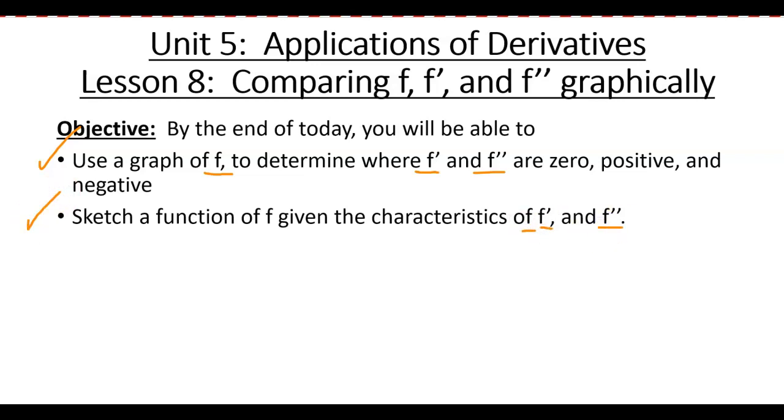And from that, you should be able to turn that into a graph of the original function. So that's what we're doing today. So today our main stomping ground is with the original function and deriving some facts about derivatives. Our next few lessons will actually flip the story a little bit and start with the graphs of derivatives and work our way around that. All right, so let's begin.